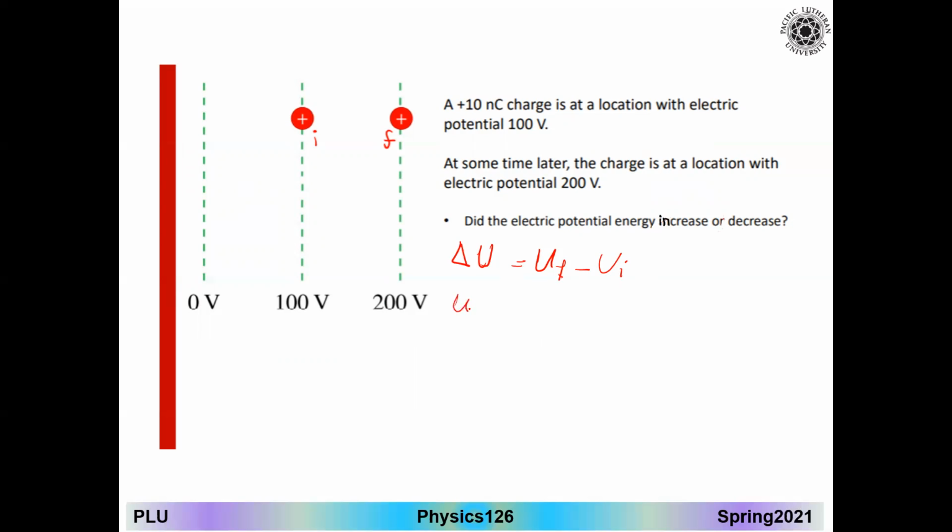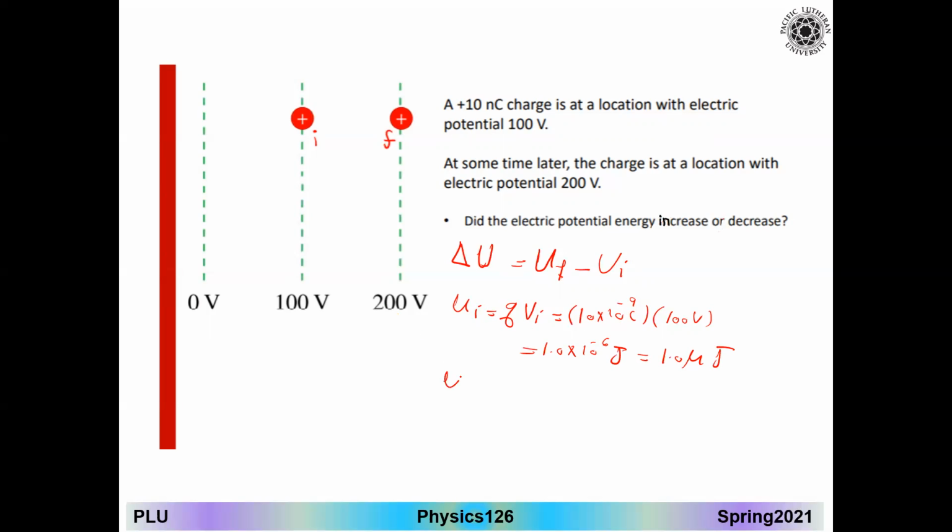So we find the U initial, which is Q multiplied by the initial voltage. Here it is 10 to the power of minus 9 coulomb multiplied by the initial position, 100 volt. We end up with 1.0 microjoule.